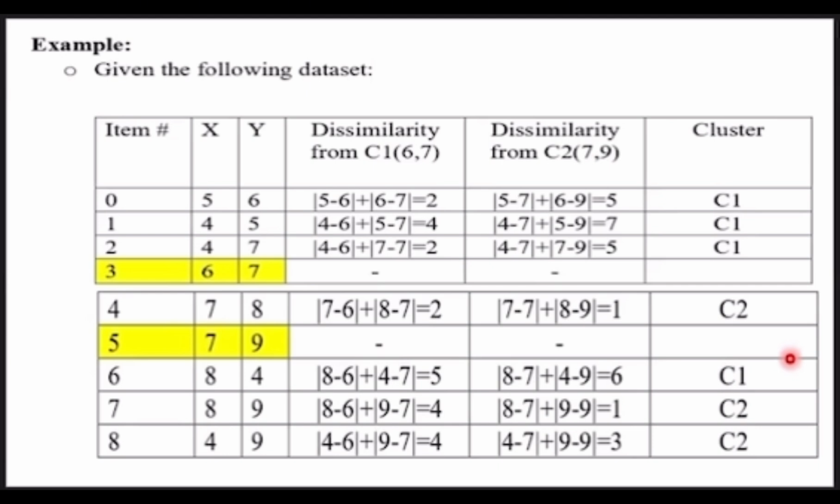Don't forget, I have 9 observations in the first place. Of course, the other 2 are the ones that I use as my Medoids. Does that make sense?